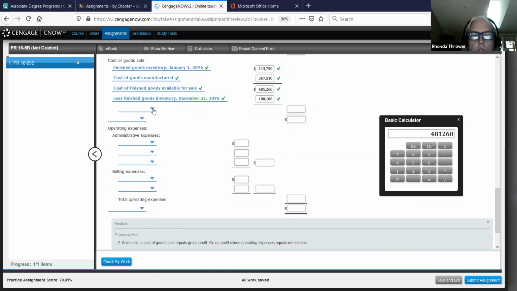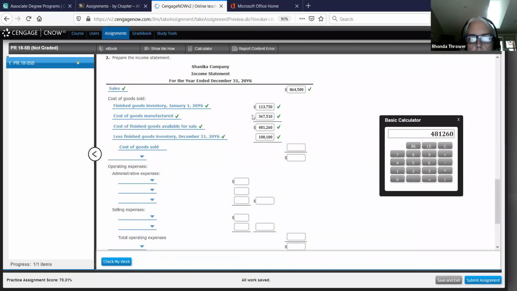And now we can determine our cost of goods sold. To determine the cost of goods sold, we're going to take our finished goods plus the cost of goods manufactured, which gives us a subtotal for our cost of goods available for sale. We're going to subtract 100,100 from that amount.